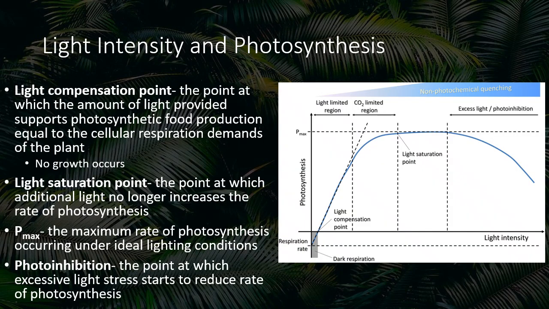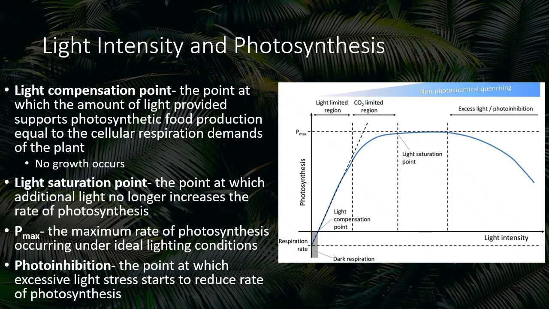When we look at the level of light and our rate of photosynthesis, it's really important to be aware of both photosynthesis and cellular respiration and how light is related to those processes. So, the light compensation point is the amount of light provided at which your respiration rate equals your photosynthetic rate.